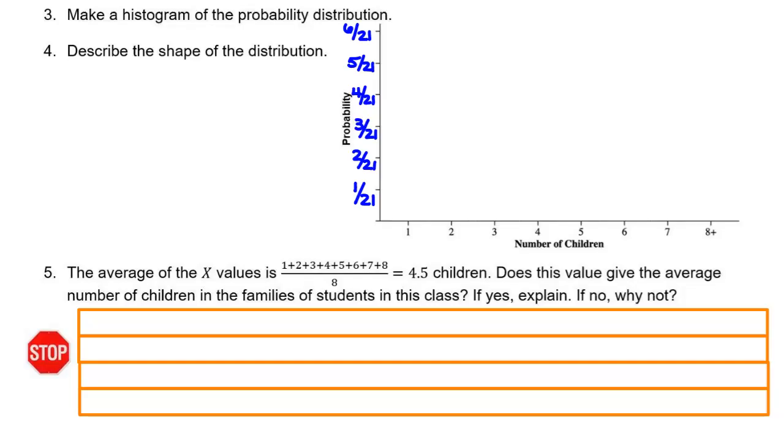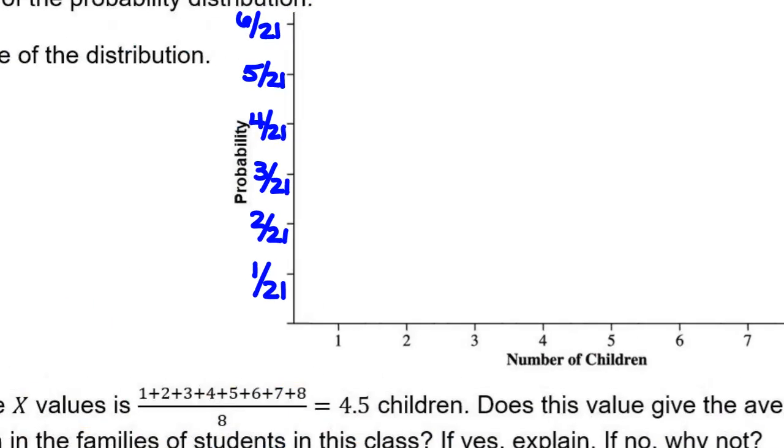All right, so we're going to make some bars here for our histogram. I'm going to need help from you guys because I don't see my table anymore when I'm on this screen. What was the probability that somebody has just 1 child in their family? 2 out of 21. So my bar is going to span on either side of the 1, and it's going to go up to the 2 out of 21.